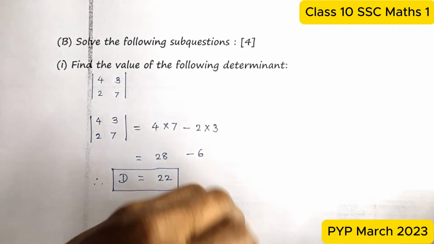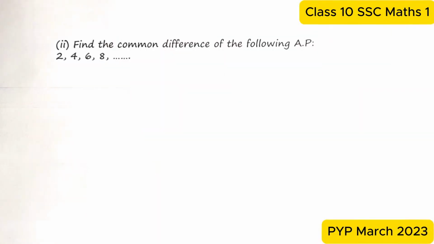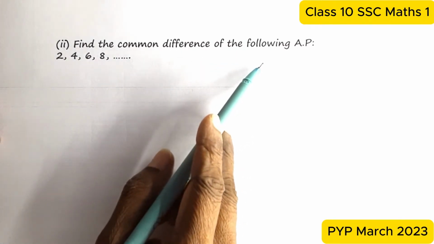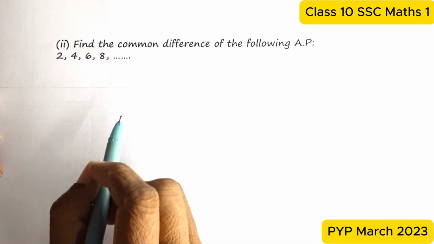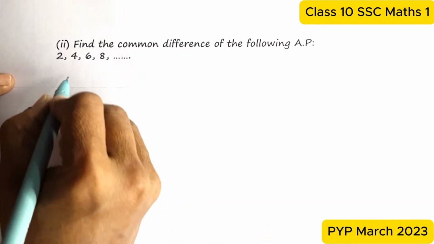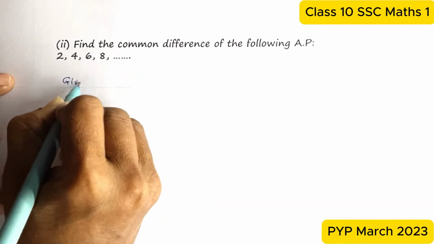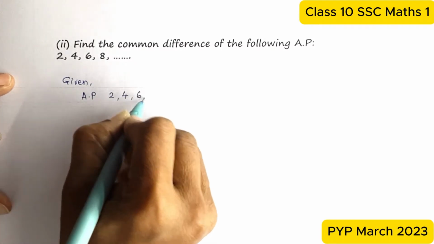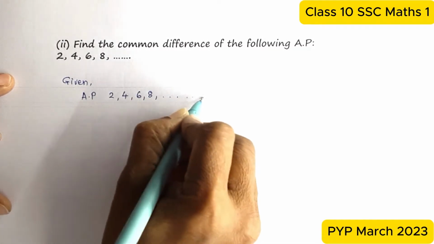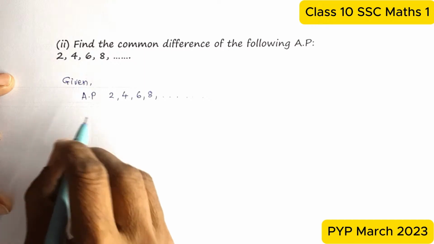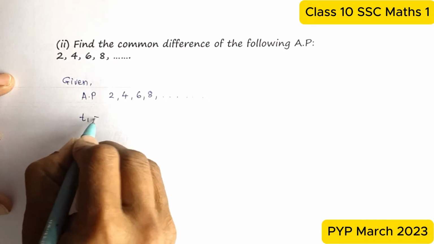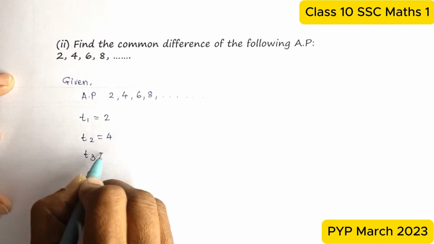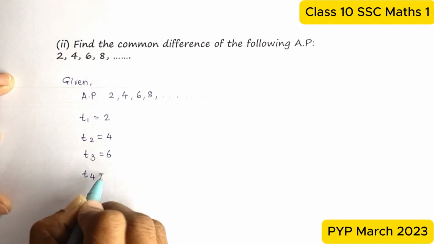Okay, then the next example, second one, find the common difference of the following AP. Now here it is a very easy question students. The given AP is 2, 4, 6, 8, dot dot dot. So here we can say that T1 is equal to 2, T2 is equal to 4, T3 is equal to 6, T4 is equal to 8.